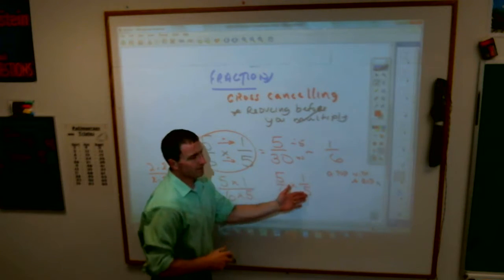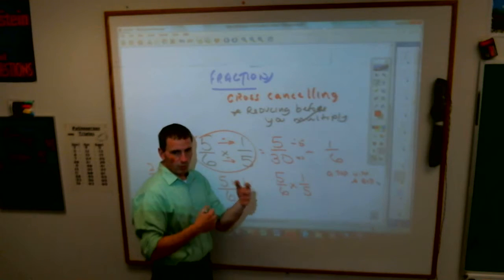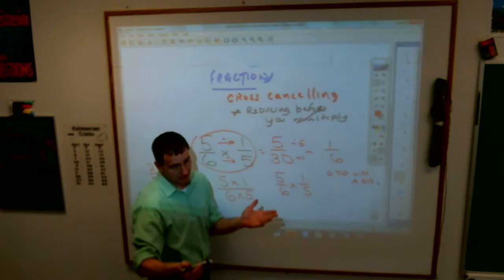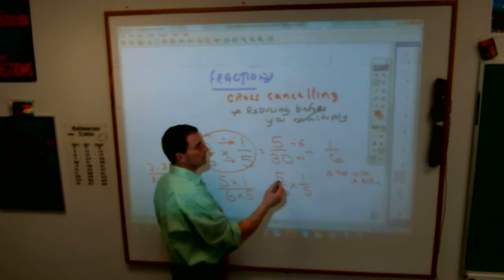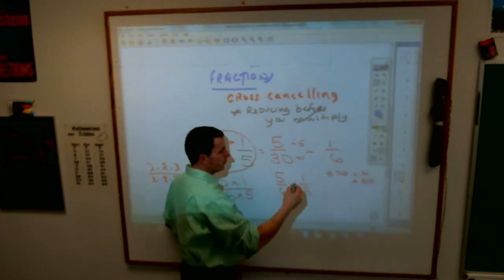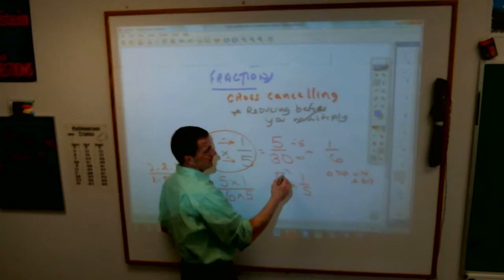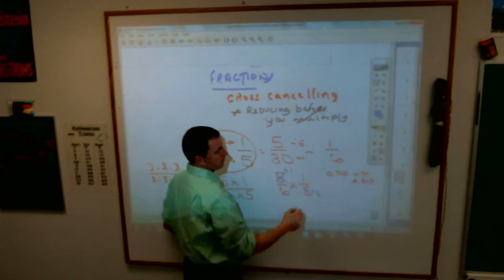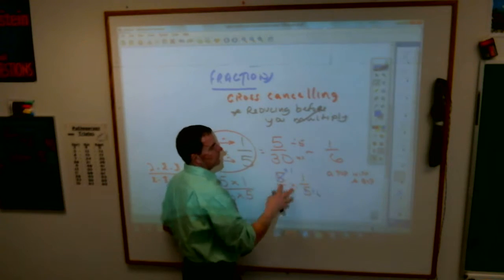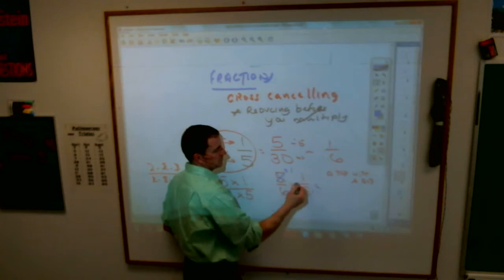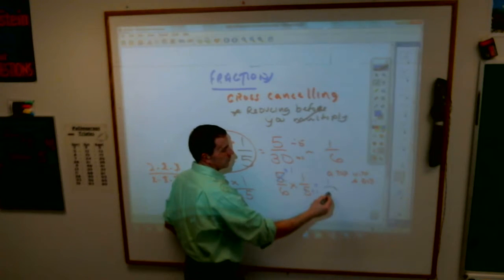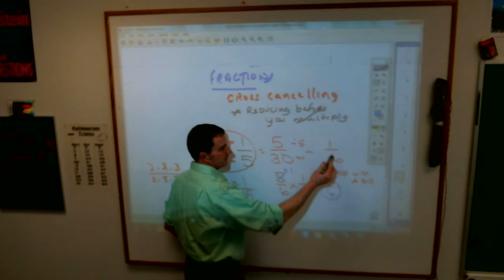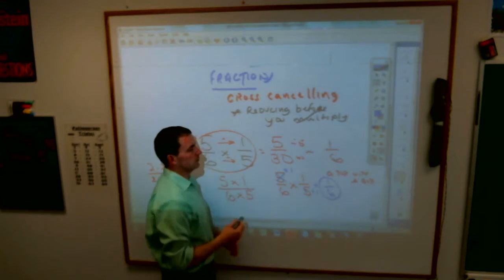If you see 5 over 5, what number goes into 5 and 5? 5. So you could divide both of those by 5 before you multiply. Divide that by 5, you get 1. Divide this by 5, you get 1. Then once everything that reduces is reduced, you just multiply like normal and you get the 1/6 without having to do the reducing there.